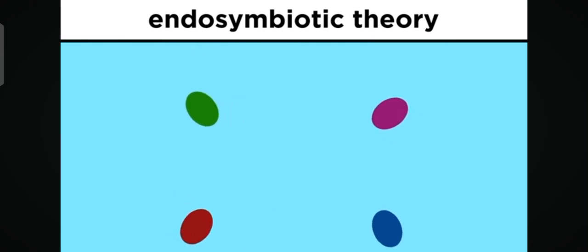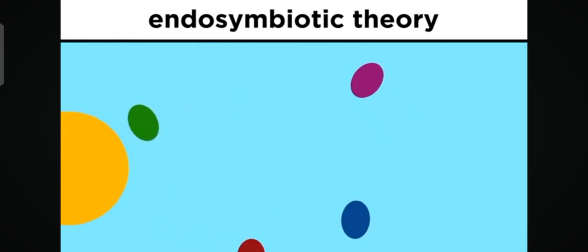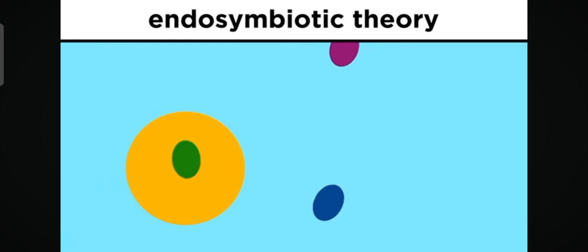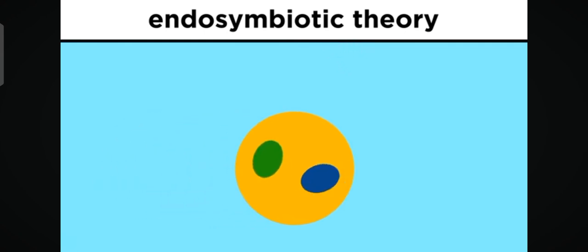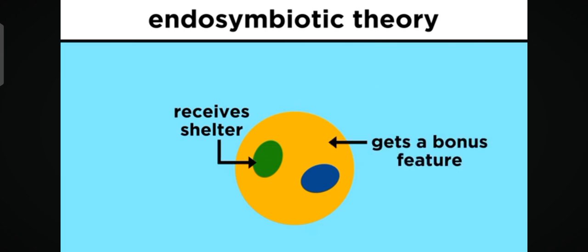It is believed that larger host cells then enveloped some of these smaller bacteria, and instead of digesting them, a mutual dependency arose, each relying on the other for some crucial function. The smaller cell received protection, while the larger one reaped the benefits of some kind of energy-producing process.